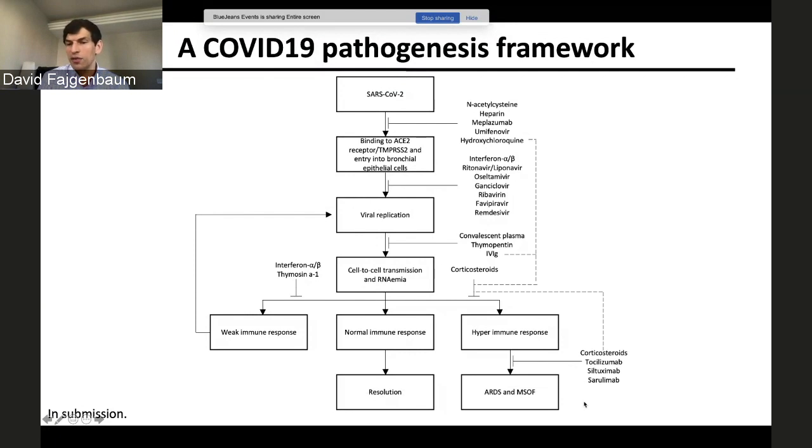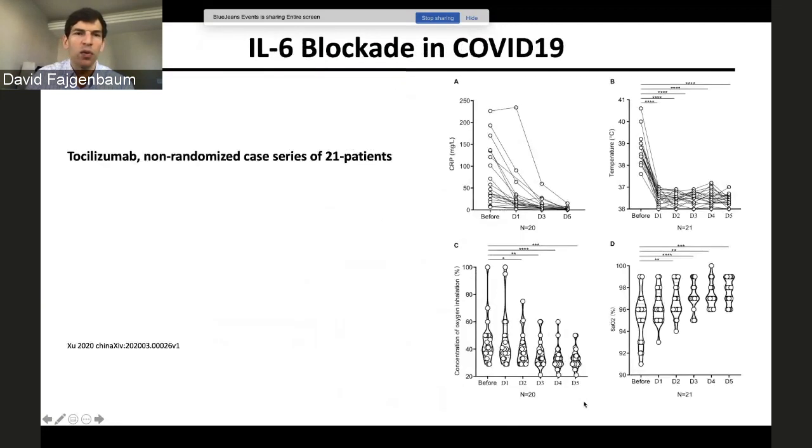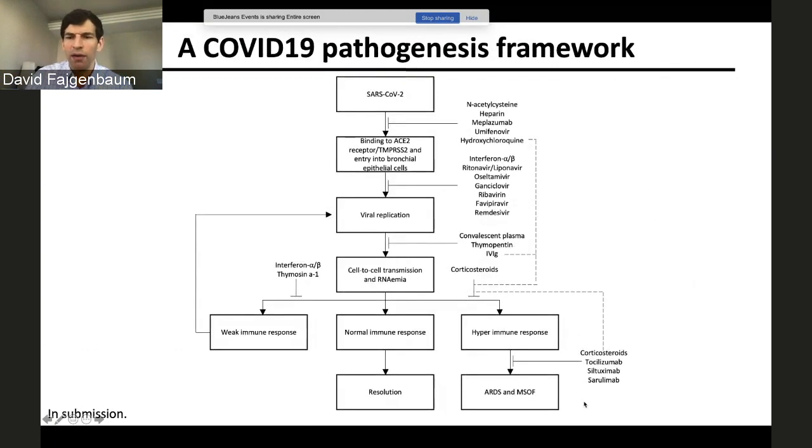Since then, siltuximab and sarilumab have been reported to be given to try to stop this hyperinflammatory response from turning into ARDS, multi-system organ failure, and death. So this is how our group is thinking about COVID-19 and how each of the drugs that have been tried to date, whether effective or not, are trying to work at different places in the pathway.